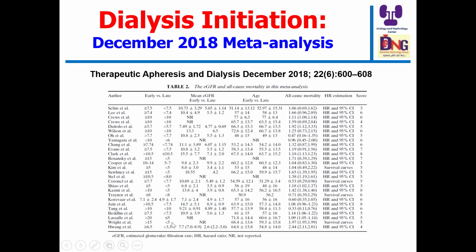I don't like early or late, and I prefer the term on-time dialysis. On-time dialysis: we don't want patients to have dialysis based on numerical values. If you have patients with estimated GFR less than 15 ml per minute, this means stage 5 chronic kidney disease.